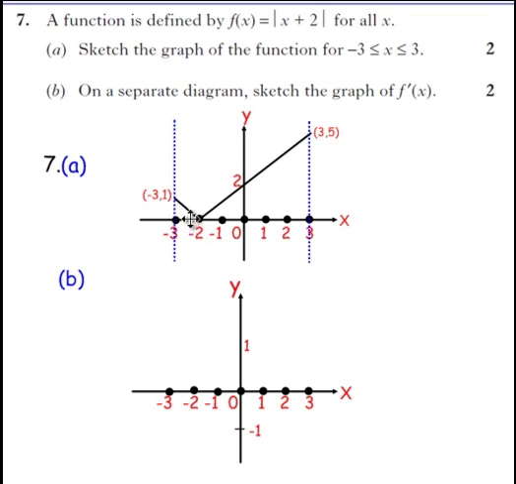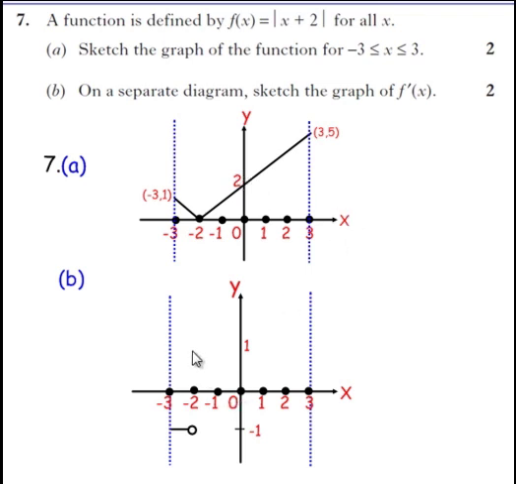So to draw the graph of f dash x, first of all we'll draw the values between -3 and -2. F dash x is constant, it's -1. At -2, I'll draw an open circle, since f is not differentiable there. After -2 all the way up to 3, f dash x is then equal to +1.